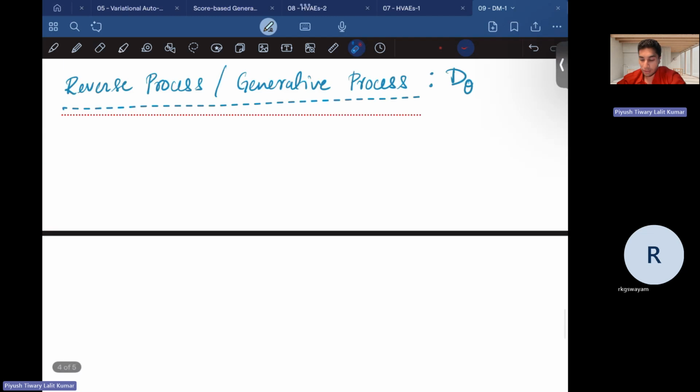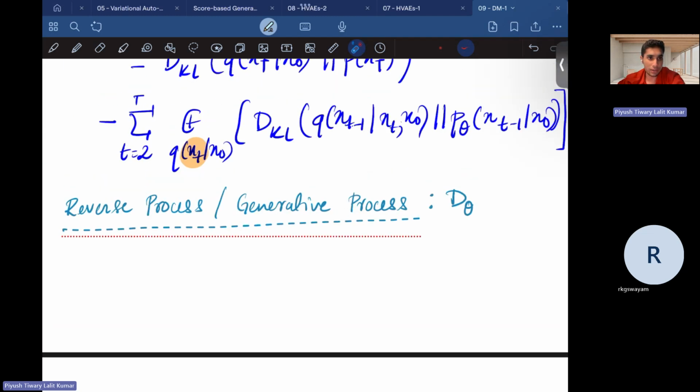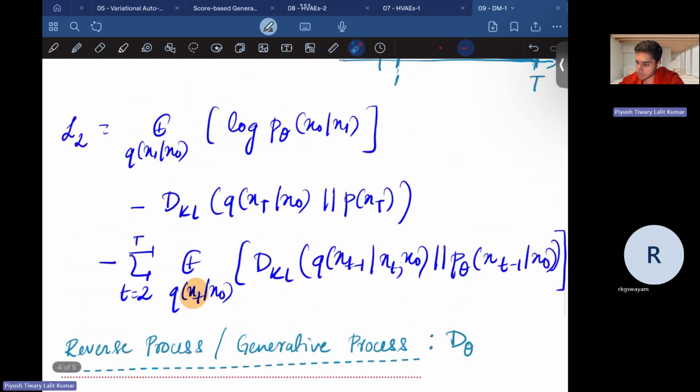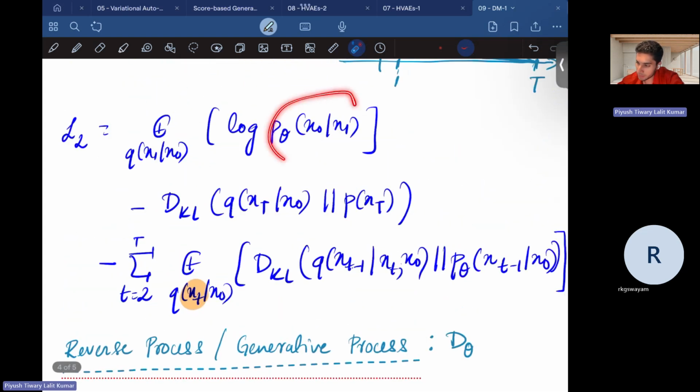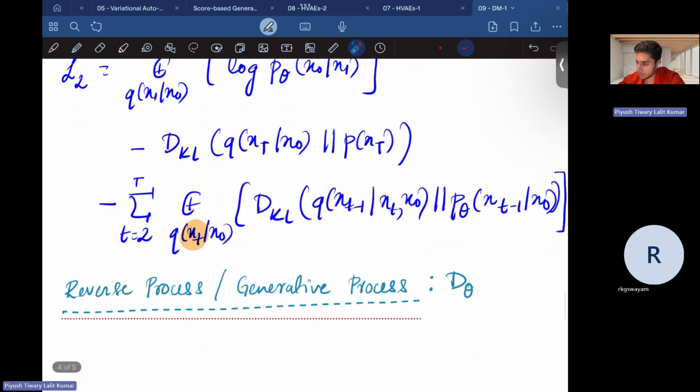Okay, so in the next few minutes, let's analyze this equation. P theta of x naught given x1 is fine, this is like a reconstruction term.